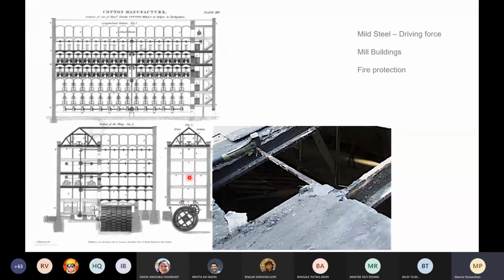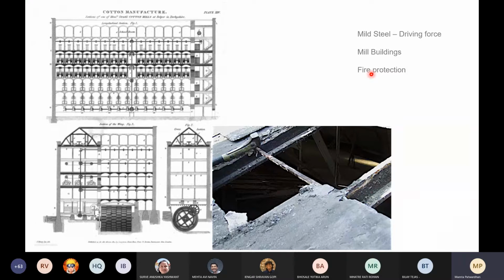Why do we use a material as a vertical member to carry the load downwards is because that material displays very good compression quality, correct? Which is why cast iron columns were used in this building. And the concern with this kind of construction was primarily protection of the building from fire.